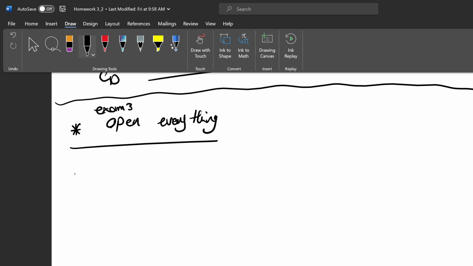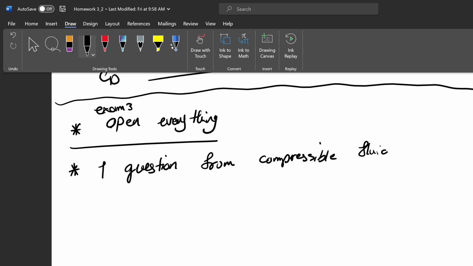And for undergraduates, I'm not sure about this policy. Essentially, we can discuss this later in class today. But the other policy that we have is that you will get 1 question from the compressible flow and shock waves, fluid flow parts.